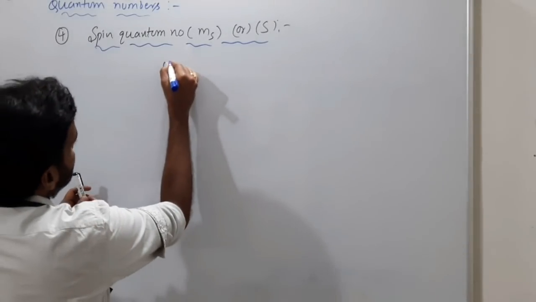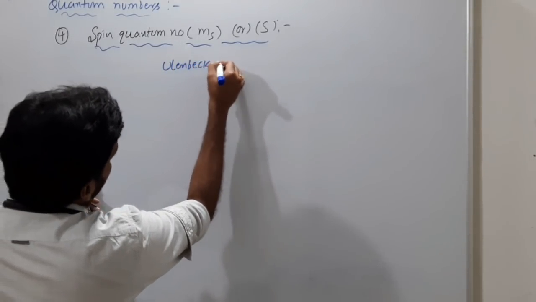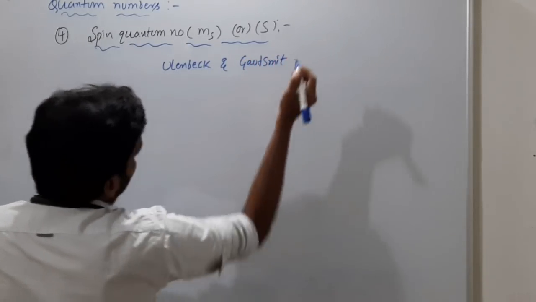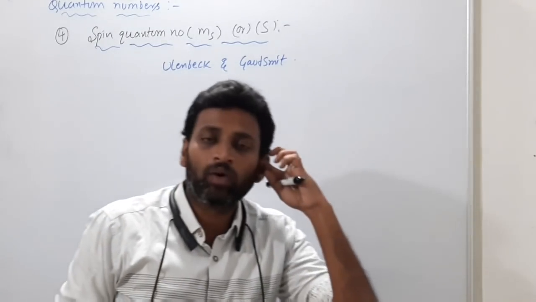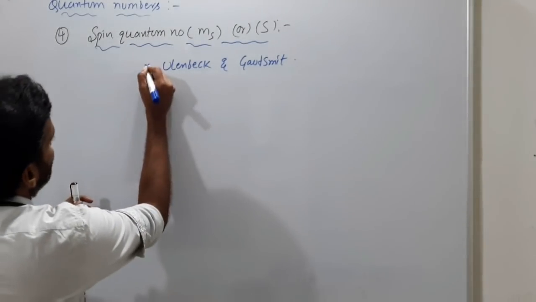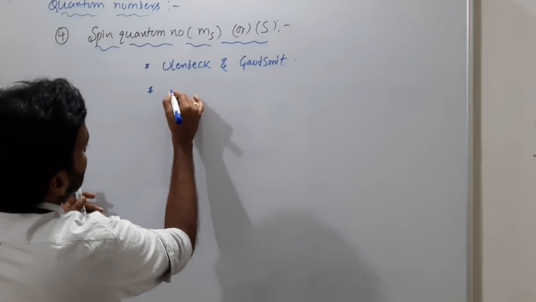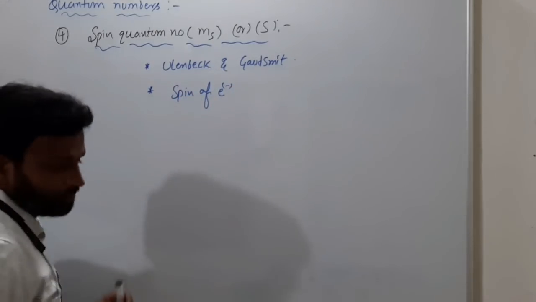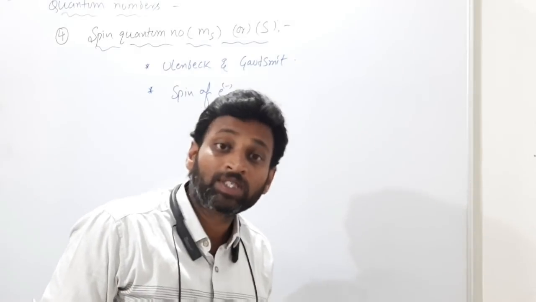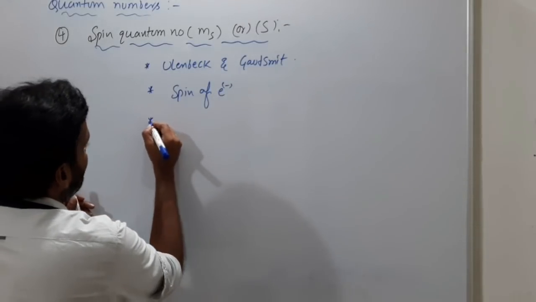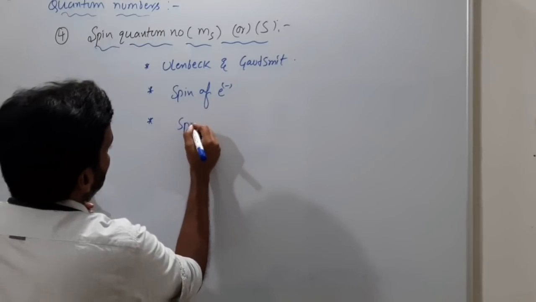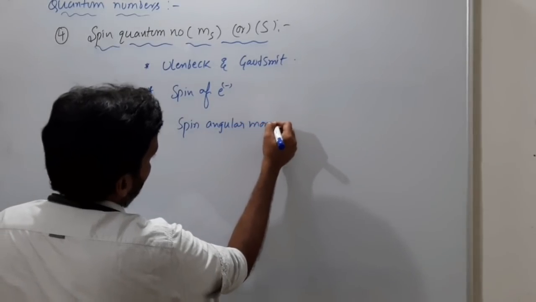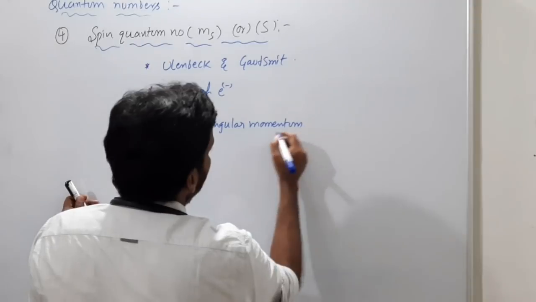It was given by Uhlenbeck and Goudsmit. The spin quantum number explains the spin of the electron, and spin angular momentum was also given.